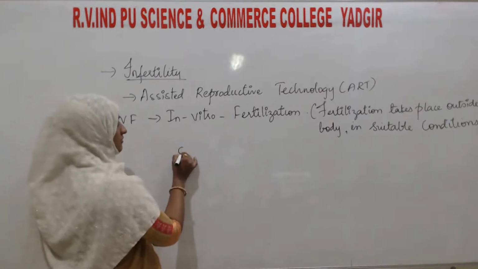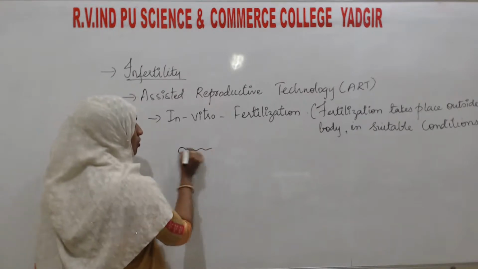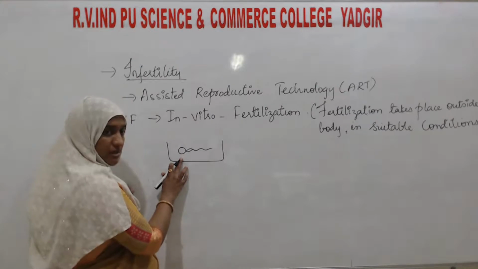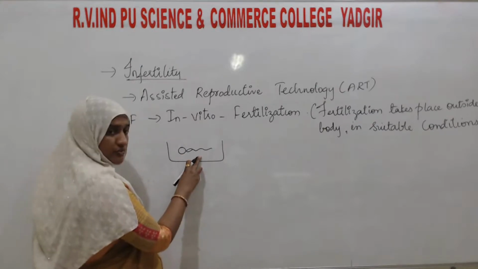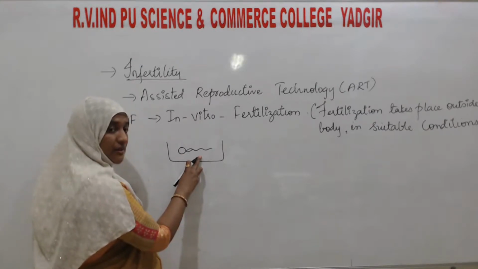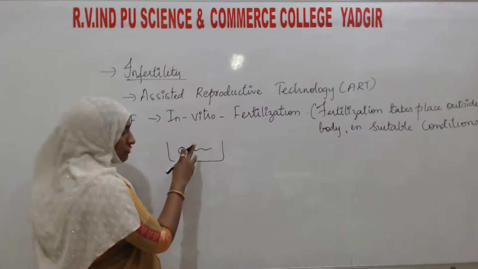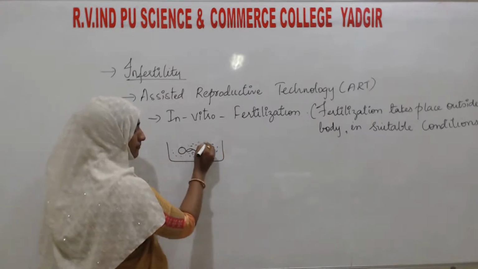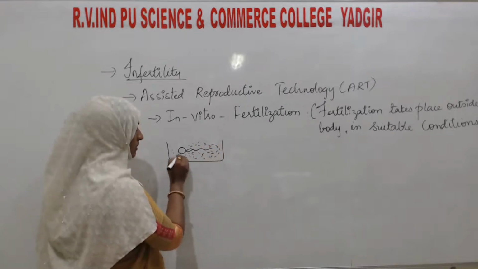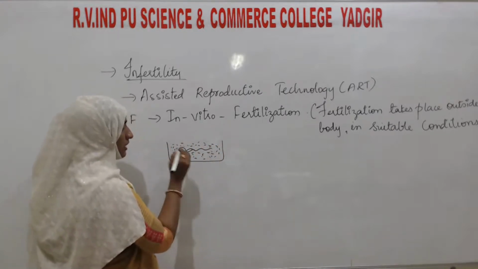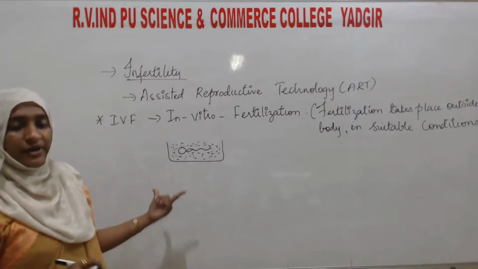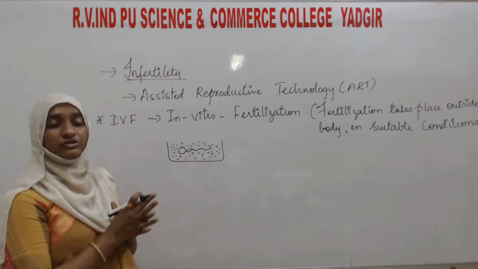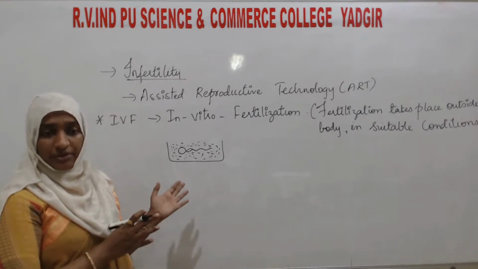They will take the sperm and the ova. This ova should be of a healthy female and this sperm should be of a healthy male. So what they will do is keep them in the nutrient medium, in a culture plate. This condition will be similar to the uterus of the female.